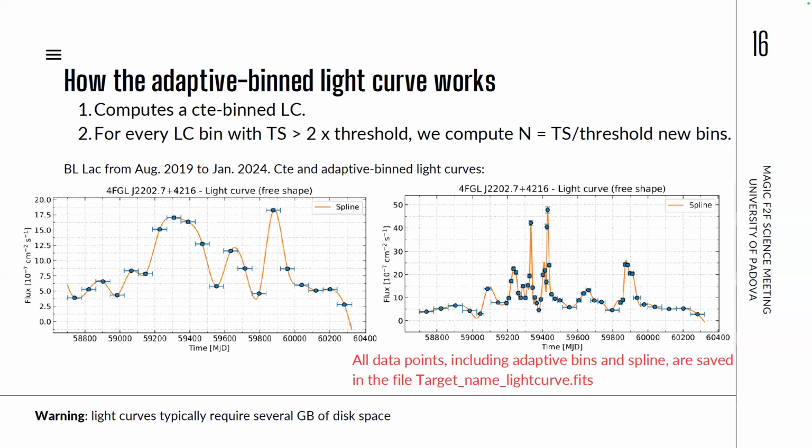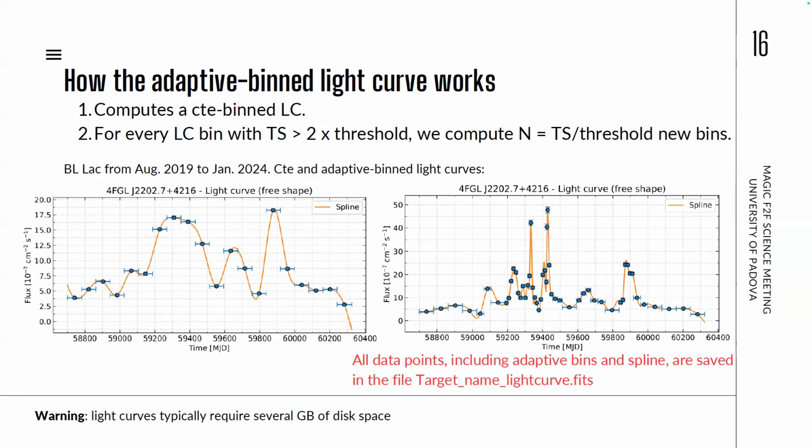Okay, how the adaptive binning works. With easyfermi, we first compute the standard constant binning light curve, and then we do a loop where we go inside each bin, and if the TS of this bin is above twice the TS threshold that we set in the graphical interface, then this bin will be split in n new bins.